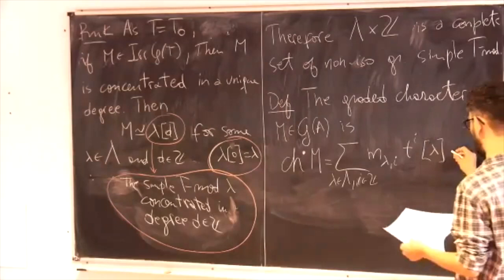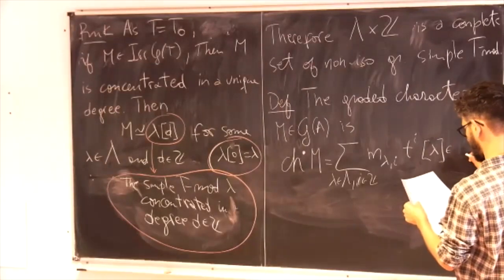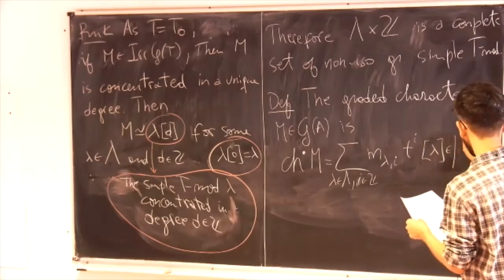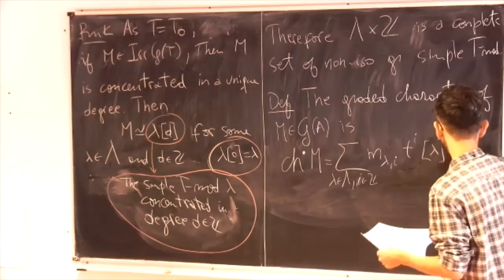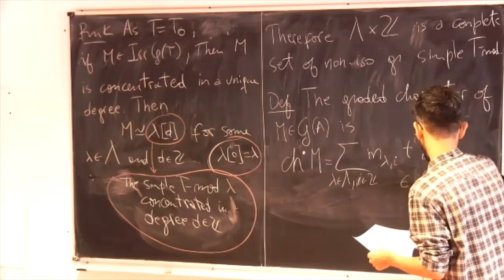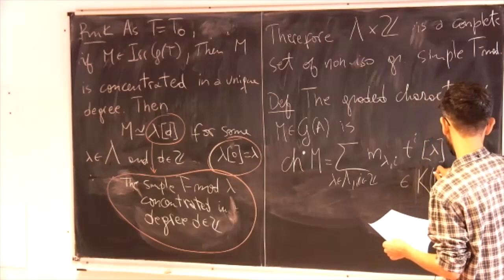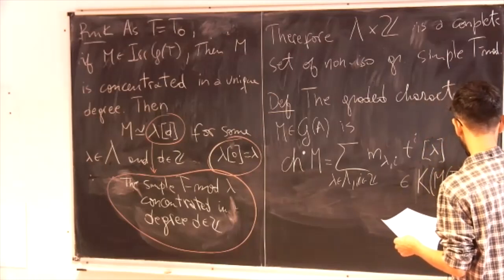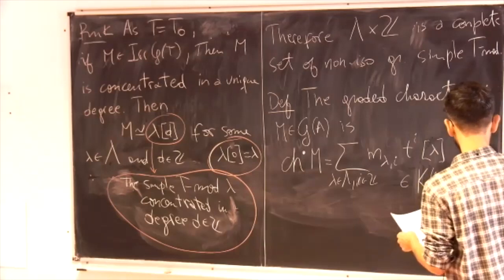This is like a polynomial. This belongs to the Grothendieck group of M T, but with this indeterminate like a polynomial.